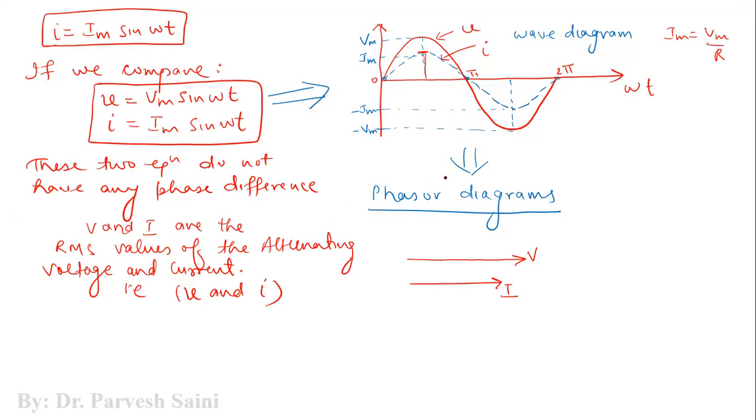From this analysis, we have understood the voltage and current as far as a resistance is concerned.